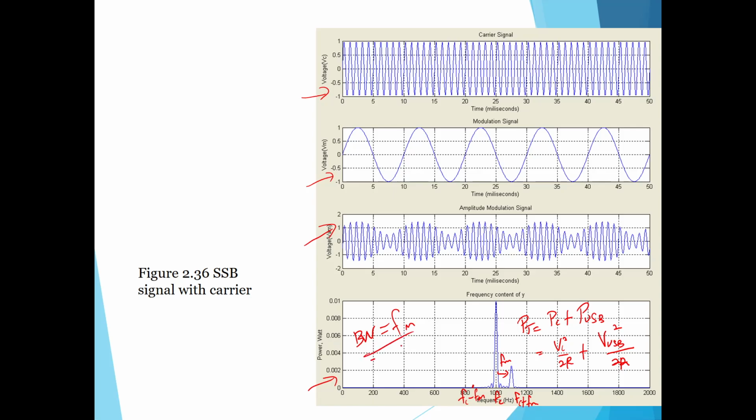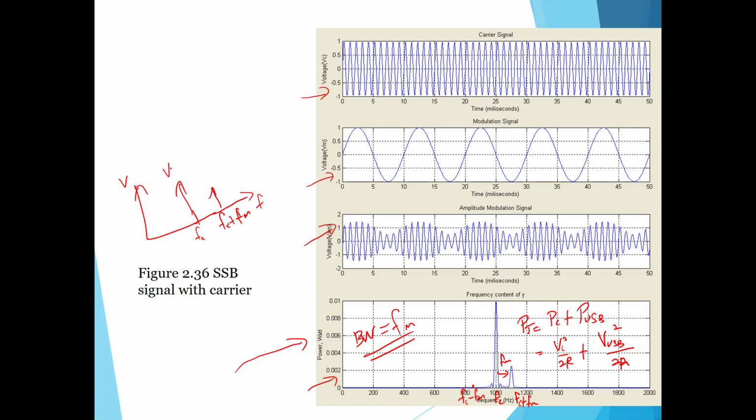When you want to draw the amplitude spectrum, the graph shown here is a power spectrum. If you want to draw the amplitude spectrum, which is V versus F, then we have the carrier and also the upper sideband at FC plus FM.